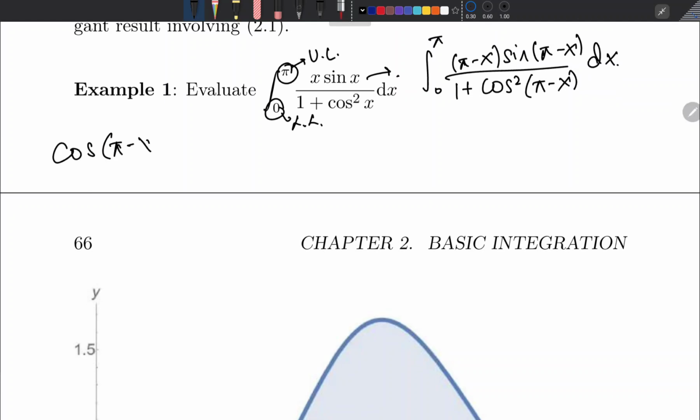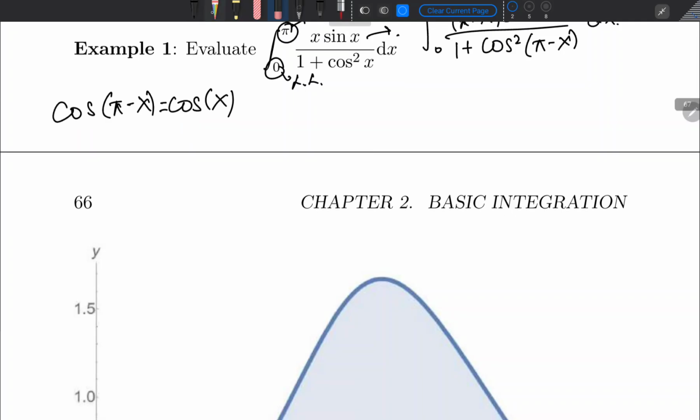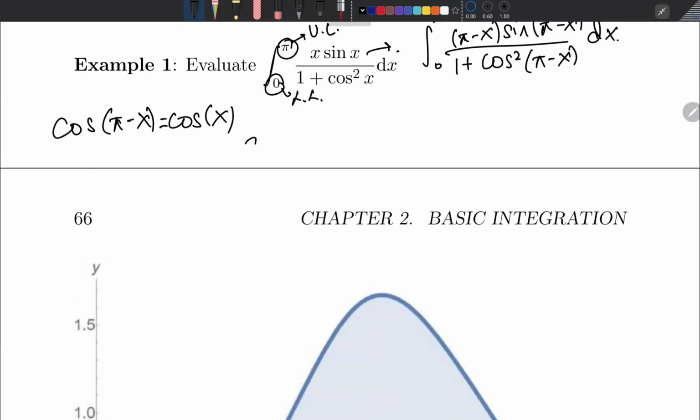Cosine of pi minus x is cosine of pi cosine of x plus sine of pi sine of x. Let me just calculate this here. And sine of pi minus x is sine of pi cosine of x minus cosine of pi sine of x, right?